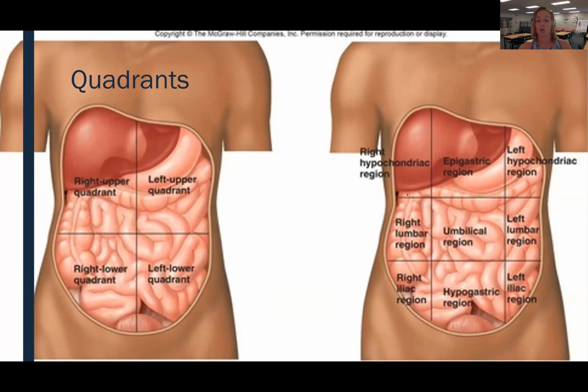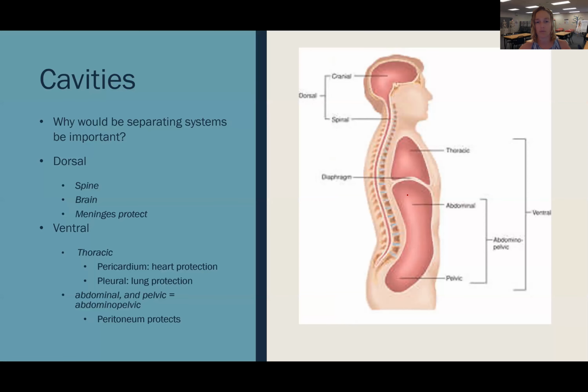So these are quadrants, and they can be separated into 4 or they can be separated into 9. 9 gets a little bit more detail oriented. For cavities, again, this is our dorsal back here, and then we have the ventral in the front, and we have our thoracic, which makes sense because that is our thorax.